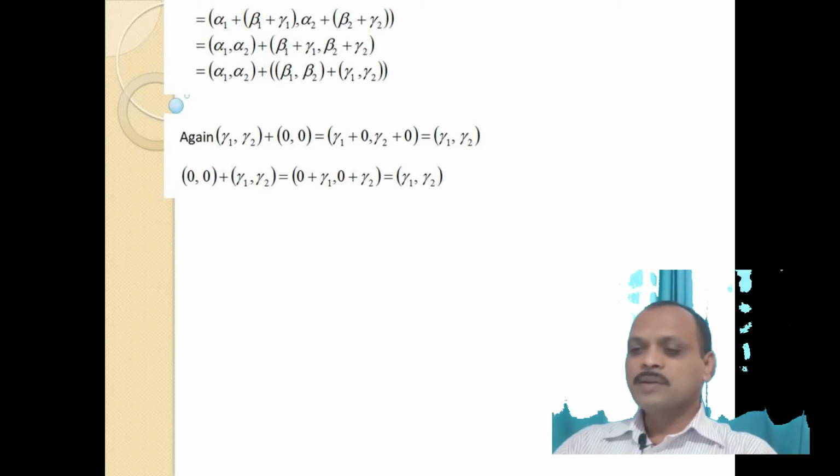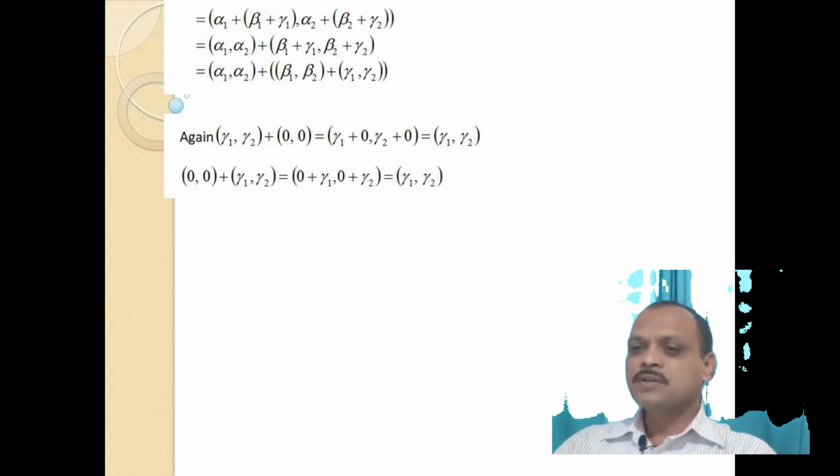Consider the ordered pair 0 comma 0. If we add this to gamma 1 comma gamma 2, we get gamma 1 comma gamma 2, and again 0 comma 0 plus gamma 1 comma gamma 2 gives gamma 1 comma gamma 2.